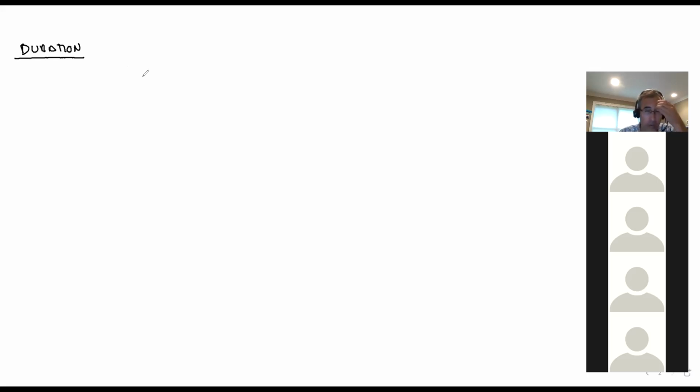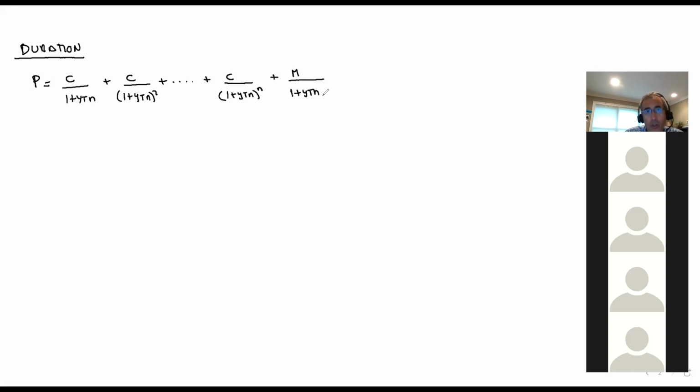Now, in order to understand duration, remember, how do we compute the price? The way we compute the price, guys, is simply coupon divided by 1 plus yield to maturity, plus coupon over 1 plus yield to maturity squared, and the last one is going to be coupon over 1 plus yield to maturity to the n, plus my face value, what I would call M, divided by 1 plus YTM also to the power n.